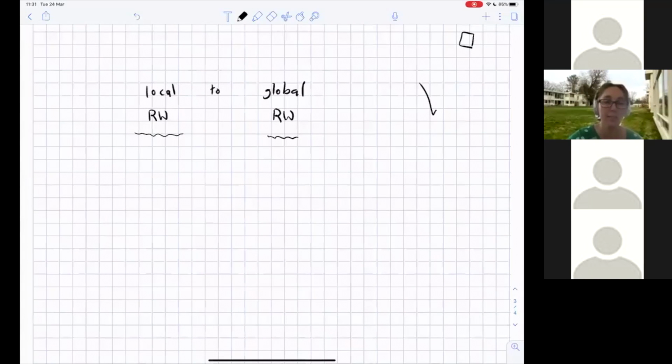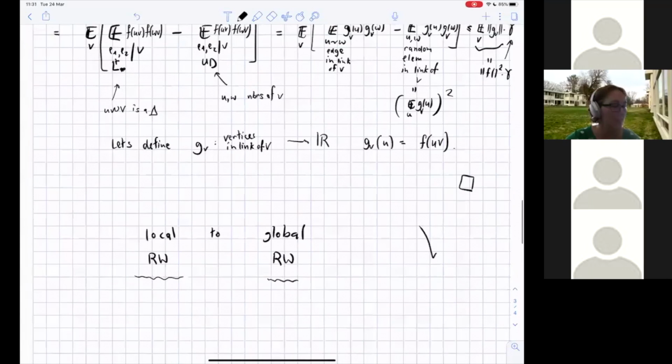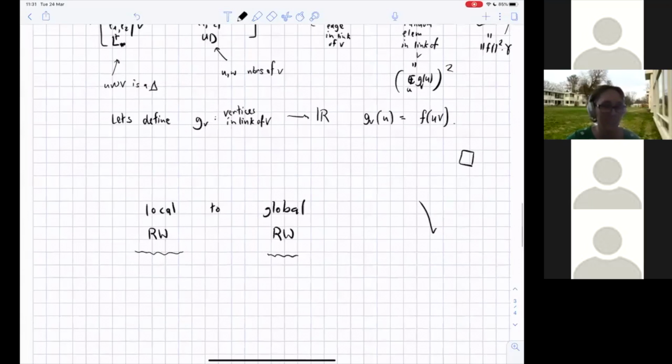Irit, just a small question. Can you hint at how to prove the other direction? Yeah, because this seems easier, more natural. The other direction seems, at first, like how can you prove a for-all conclusion from some average case assumption? Because it looks like the global random walk is an average case thing, whereas the local random walk says that for every vertex you need expansion.